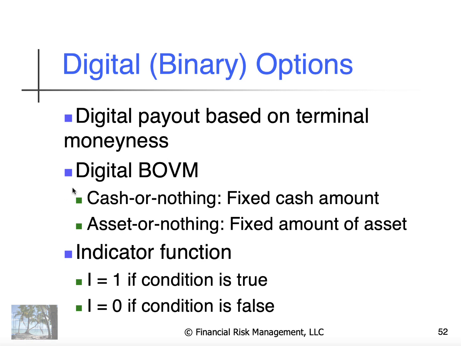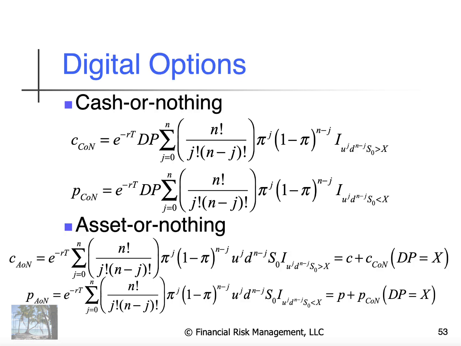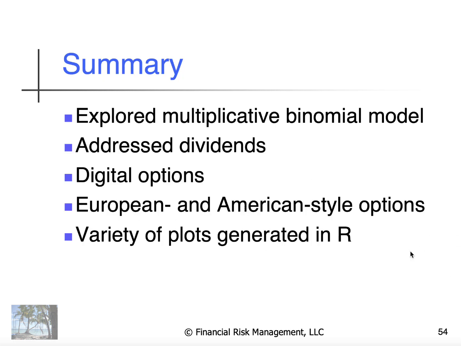You can basically decompose these into parts, and their respective values are given here. Again, I don't want to get bogged down, but basically an asset-or-nothing call option is equivalent to a plain vanilla call plus a cash-or-nothing digital call with the payout equal to the strike price.